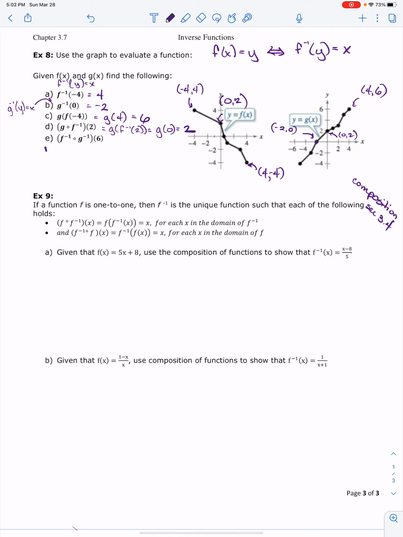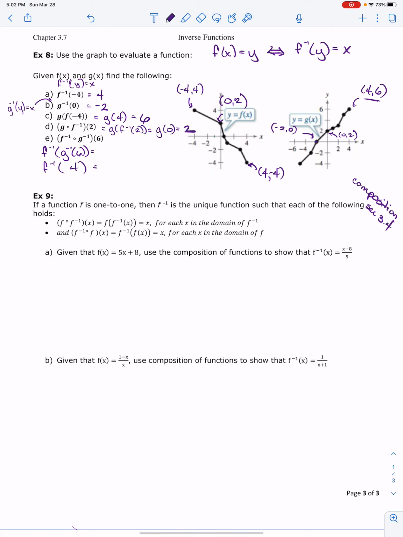E down here, I've got f inverse of g inverse of 6. That says when y is 6, what's x? That is this point over here for 6. I'm going to write it below so I can just replace. G inverse of 6 is 4.